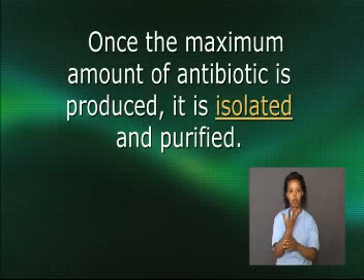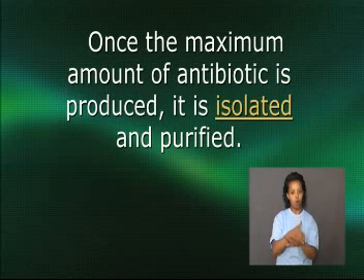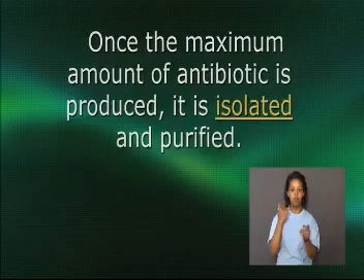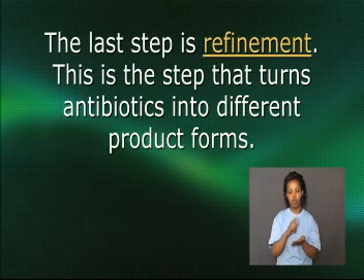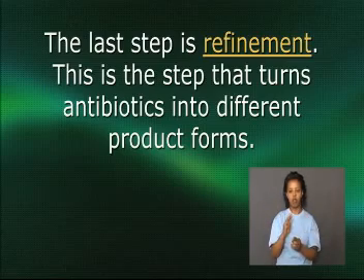Once the maximum amount of antibiotic is produced, it is isolated and purified. The last step is refinement. This is the step that turns antibiotics into different product forms. Did you fill in all the blanks correctly?